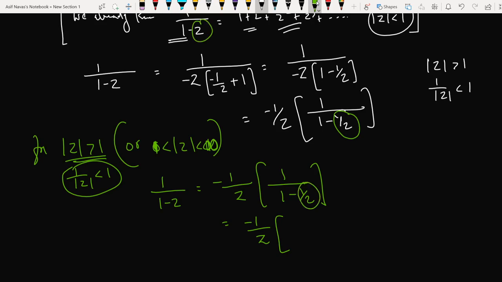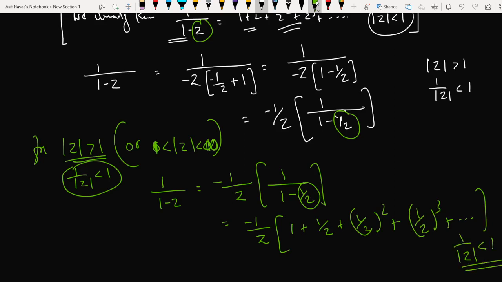So this is equal to 1 plus 1 by z plus 1 by z square plus 1 by z cube plus etc. This is valid when 1 by mod z less than 1, so that means mod z greater than 1.